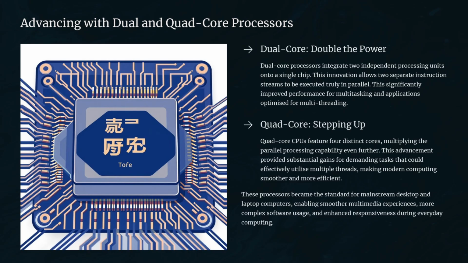With four cores, these became the standard for laptops and desktops because they made heavy tasks like gaming, photo editing, and using more advanced software much smoother. Basically, dual core was like having two workers, and quad core was like having a whole team.